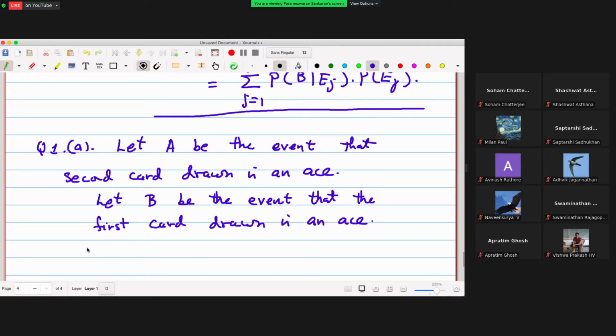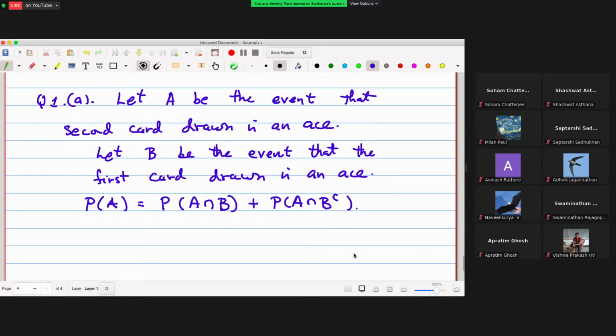So we can compute the probability of A, the second card drawn is an ace, which is the same thing as the probability of A intersection B plus the probability of A intersection B complement. B complement is the event that the first card drawn is not an ace.